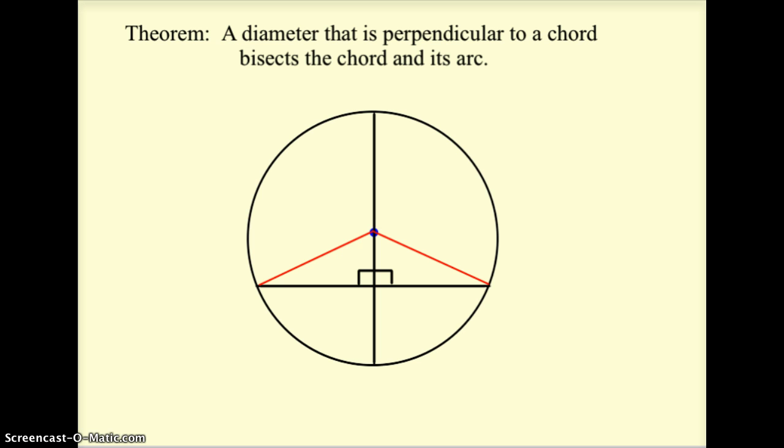If you have an altitude from the center of the circle to the chord, and it creates perpendicular lines, you know that it is a perpendicular bisector. Therefore, you bisected the chord. Not only did you bisect the chord, but you bisected the vertex angle, the central angle, which means that this angle is congruent to this angle, so this arc is congruent to this arc.